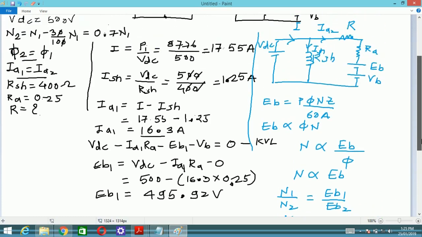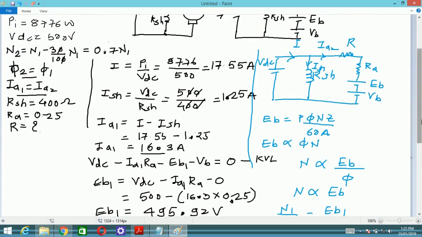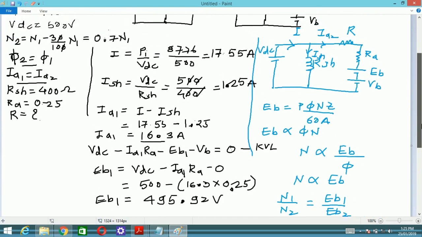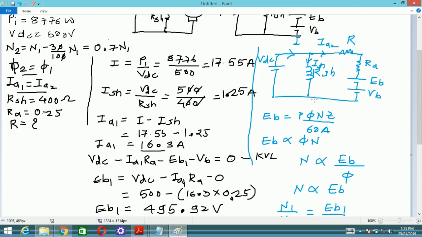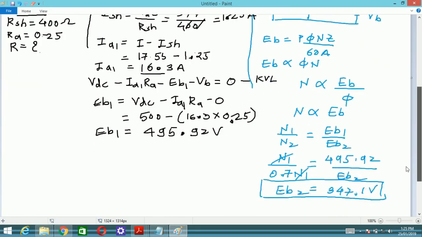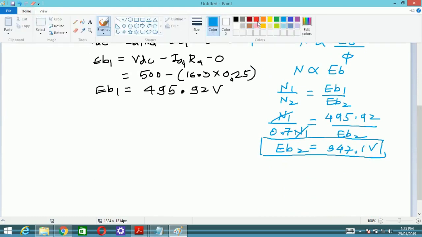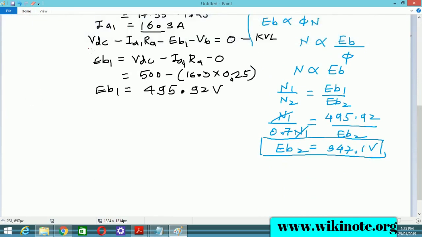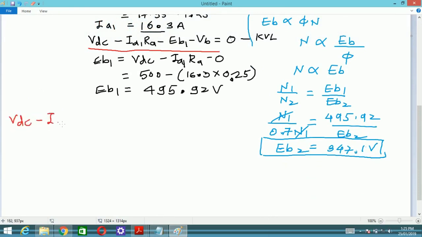Can I calculate the value of this inserted resistance R? Yes. How to calculate that? Again apply Kirchhoff's voltage law to this circuit. The voltage across this terminal will be VDC, and I get the same equation as the previous one, but with the addition of resistance. So VDC minus IA2 into RA, the armature resistance, minus IA2 into R, the resistance we have added, minus EB2, the back EMF2, minus V brush.